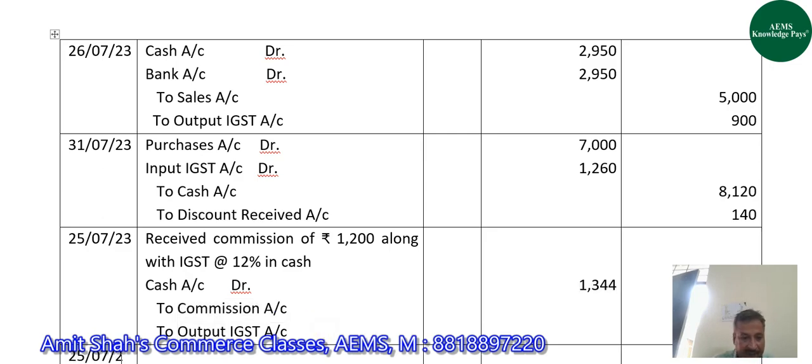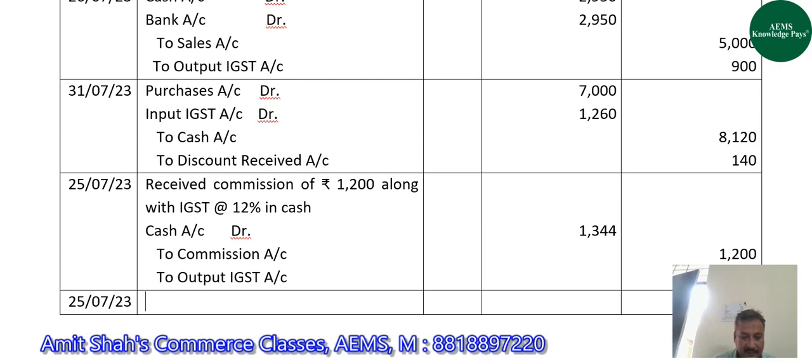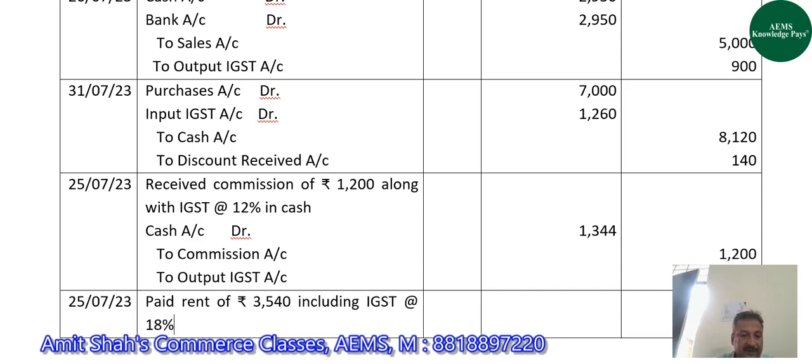The next one is again on 25th July, paid rent of rupees 3,540, including IGST at the rate of 18%.